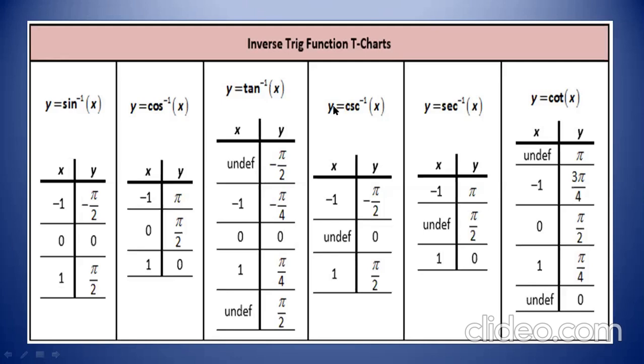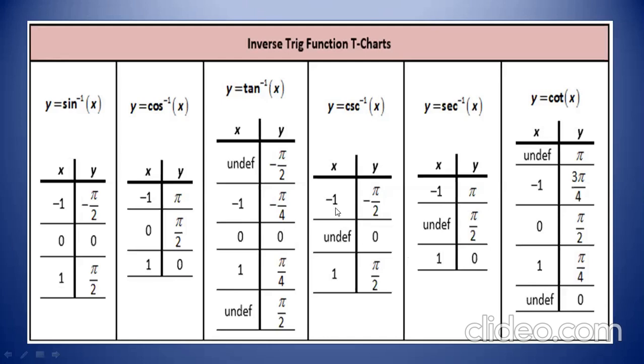And for cosec inverse x, if we have to find the domain and range, we write the values of x as -1 to 1. Cosec pi by 2 is 1, cosec of -pi by 2 is -1, but cosec 0 is an undefined value.